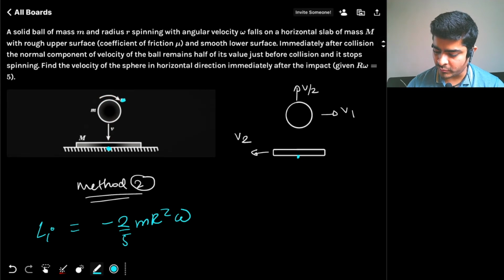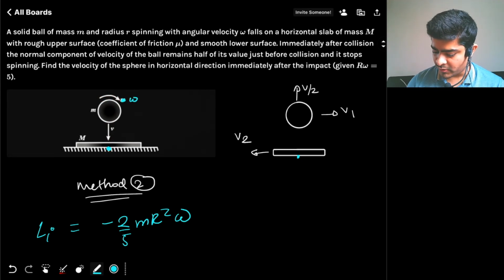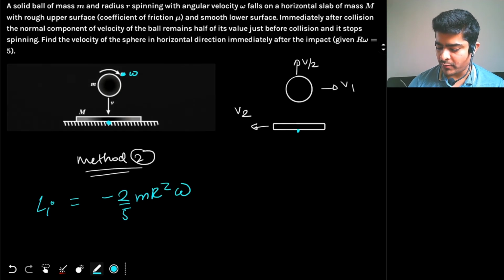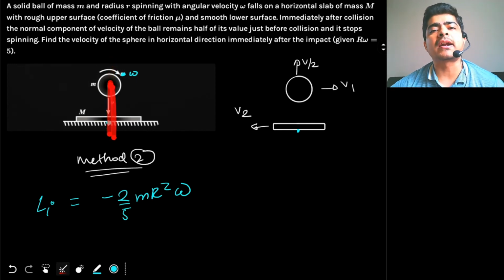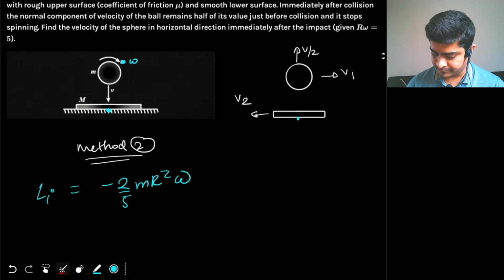Okay, so initial angular momentum will be minus 2 by 5 m r square omega. Correct. And there is no linear momentum contribution because the velocity is directly passing through the point. So m r cross v will be 0.